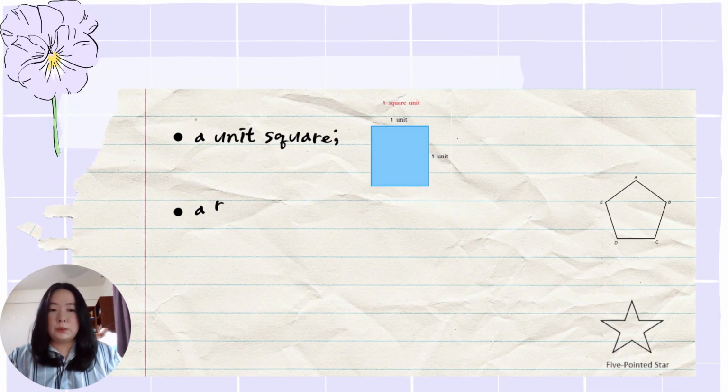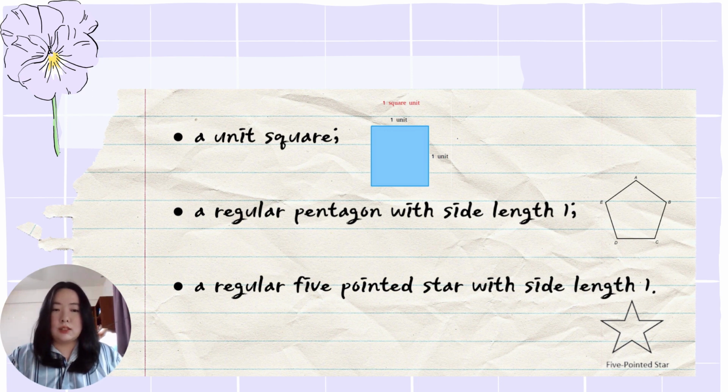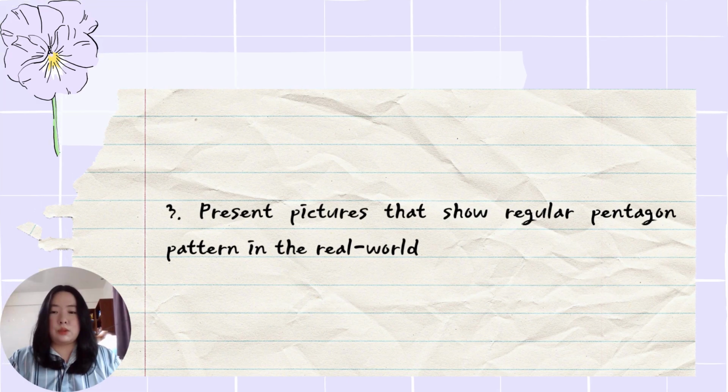Then we will be looking into the construction for a unit square, a regular pentagon with side length 1, and a regular 5-pointed star with side length 1. We have also inserted the general images of the geometric shapes of our constructions. And for our final part, we will be presenting pictures which express and show regular pentagon pattern in the New World.